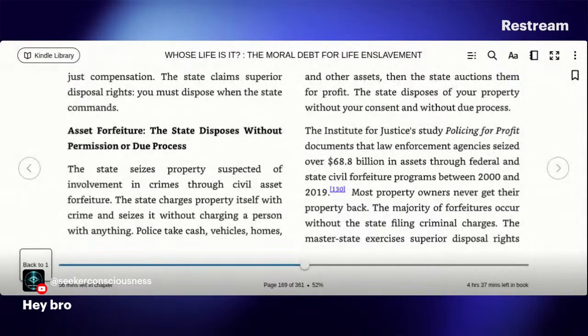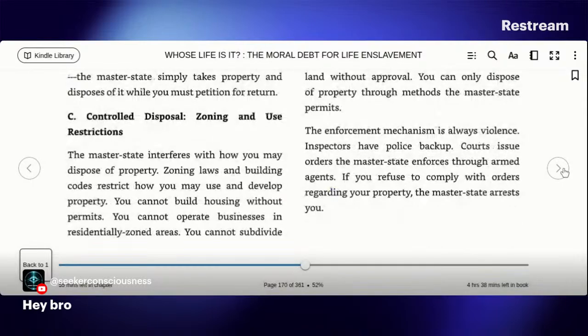The Institute for Justice study Policing for Profit documents that law enforcement agencies seized over 68.8 billion in assets through federal and state civil forfeiture programs between 2000 and 2019. Most property owners never get their property back. The majority of forfeitures occur without the state filing criminal charges. The master state exercises superior disposal rights. The master state simply takes property and disposes of it while you must petition for return.